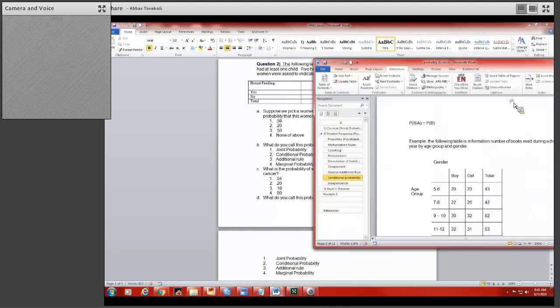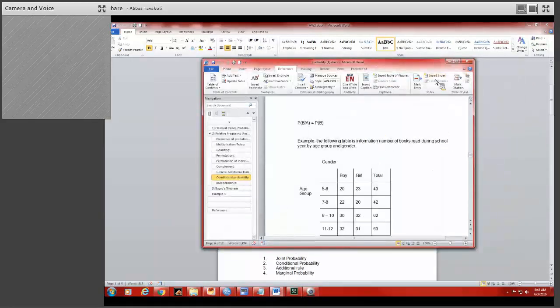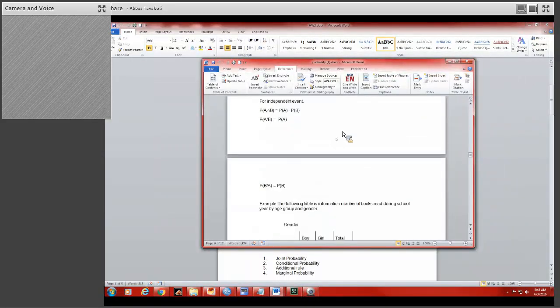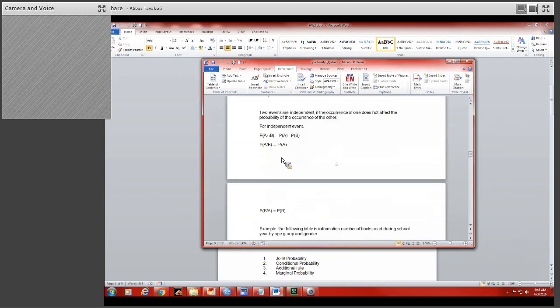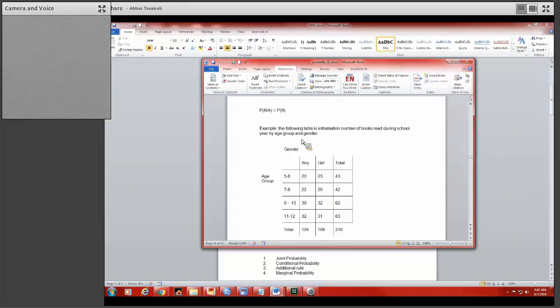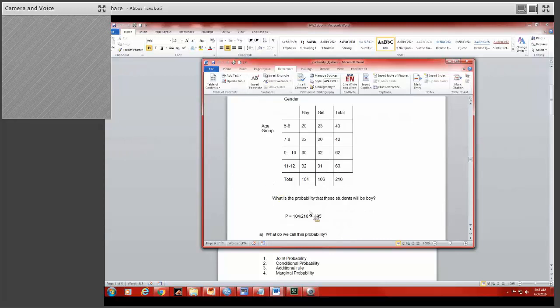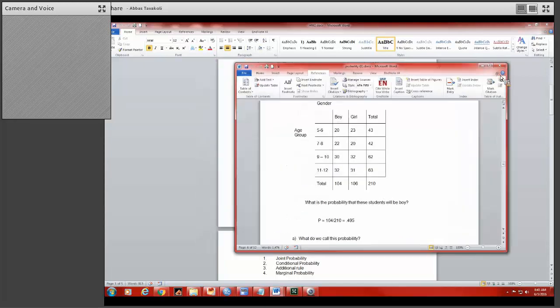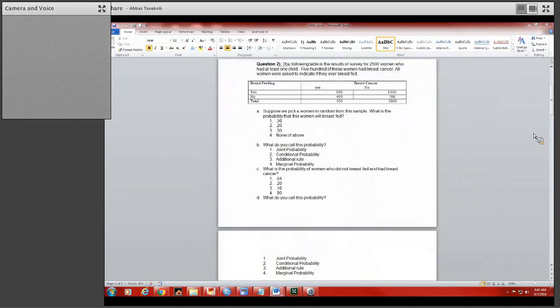And if you look at the example I give you in handout, this example, we have the boys and the gender and age group. I ask you what is the probability will be boy. Here, basically, I'm asking what is the probability of breastfeed.